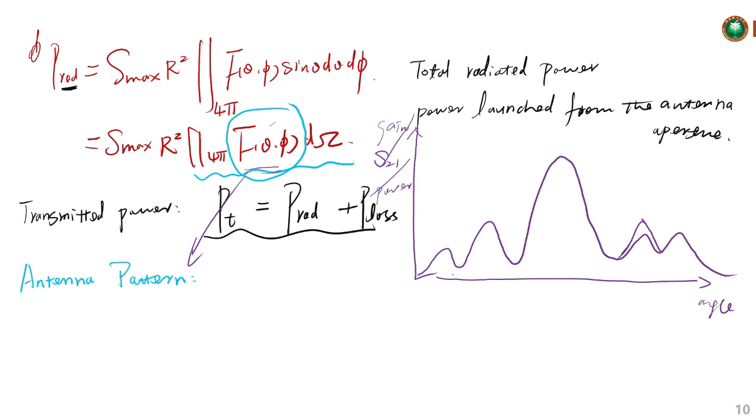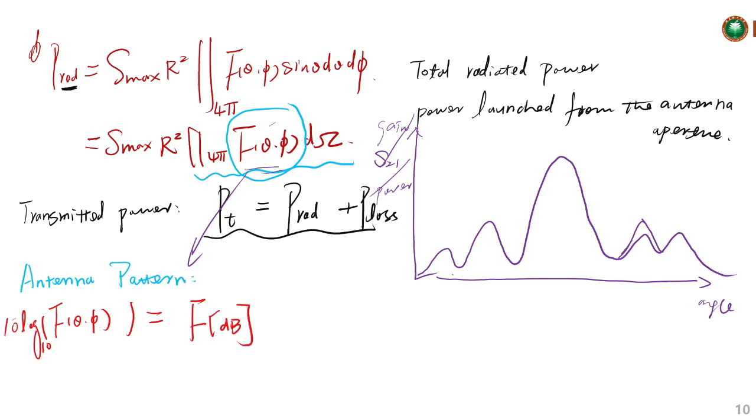Also, we express the normalized radiated intensity F theta phi in linear scale here, and we also want to express it in the logarithmic scale, or the decibel scale, right? So it can be expressed as F in dB.